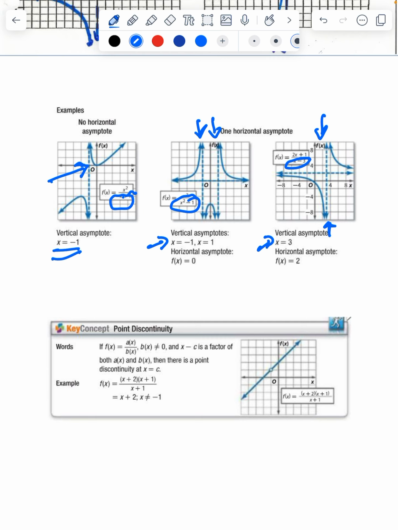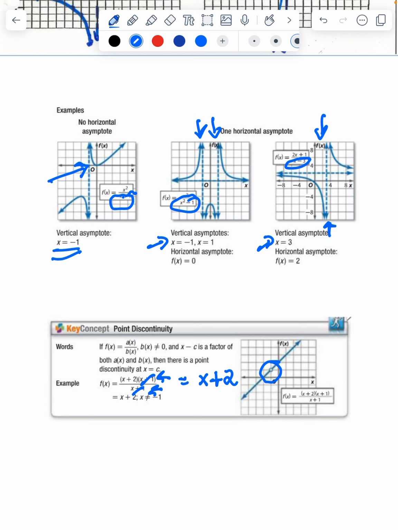Then in this bottom case, the denominator equals 0 at -1, but notice how there's a factor of x plus 1 in the numerator as well, and these would cancel out, and this function would simplify to become x plus 2. When the factors cancel out, rather than having a vertical asymptote, you have a hole in the graph, and that's what you can see right here.